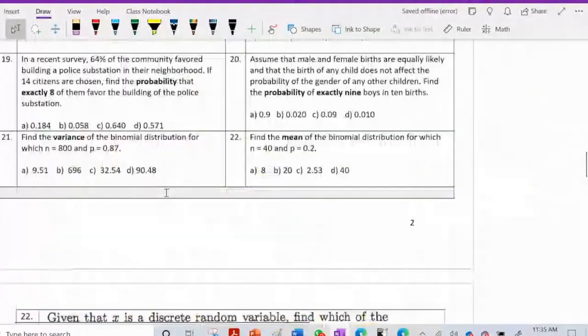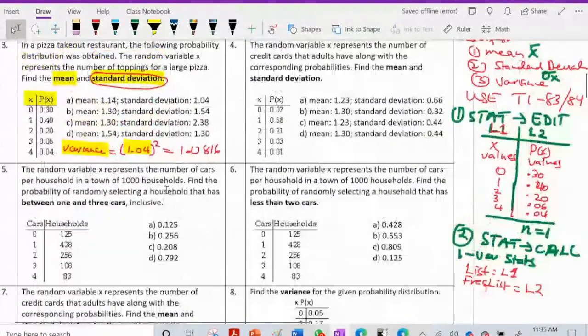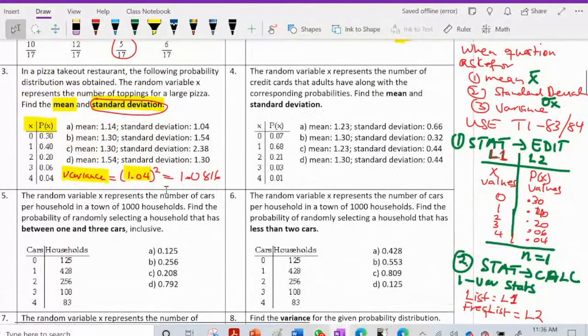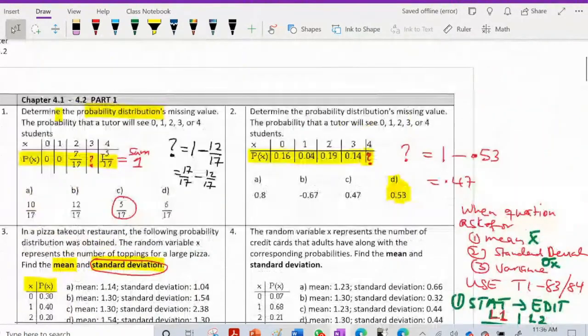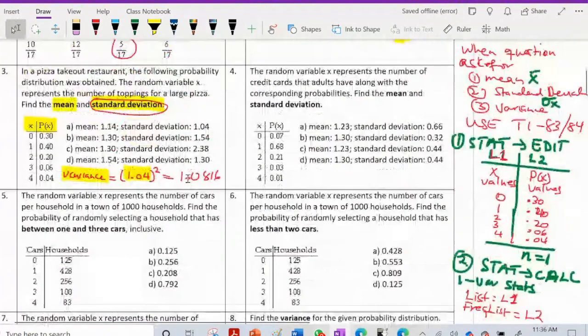Now, apart from the question asking you to find the mean, standard deviation, or determine the missing value, you could also be given a probability distribution, and then they could ask you to find a probability.